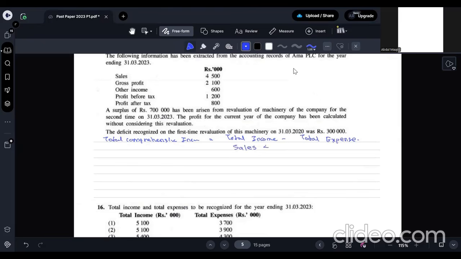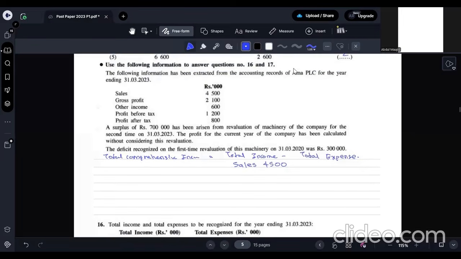Sales 4,500. Gross profit is 2,100. Then the expense between that is the cost of sale, right? Sales minus cost of sale only gives you gross profit. Now, if the sale is 4,500 and gross profit is 2,100, then how much is the cost of sale? Cost of sale will be 2,400.